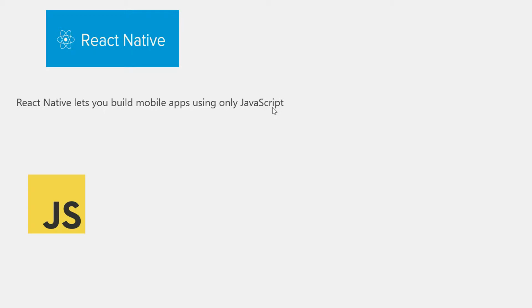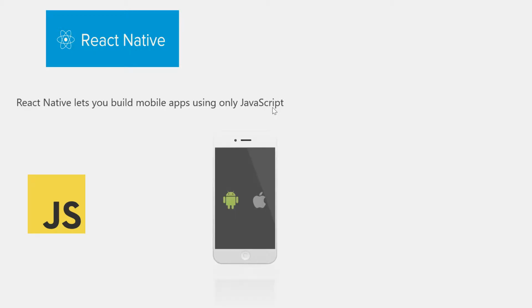But we know that JavaScript alone cannot make mobile applications. So what React Native does is that it has real native bindings between JavaScript and native modules. They've taken real native modules from Android and iOS, and they use JavaScript as a UI layer that manipulates these native modules, and this is only possible through a bridge.